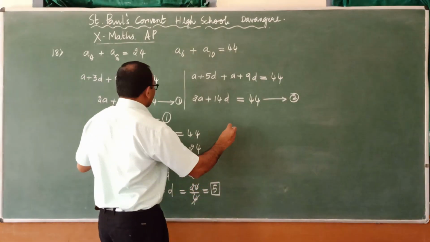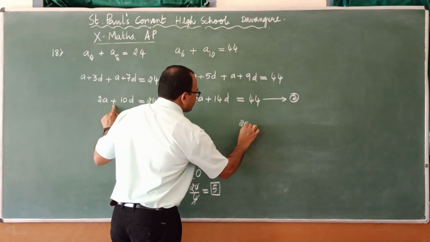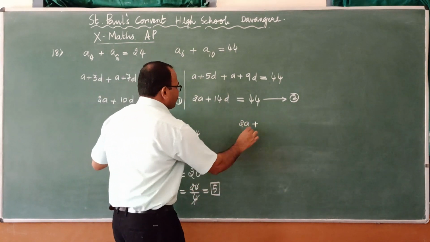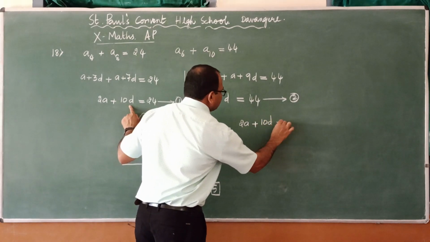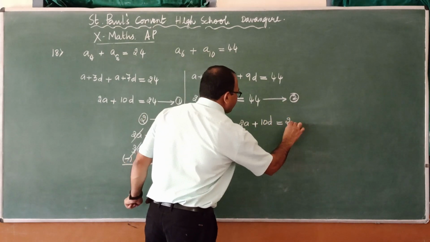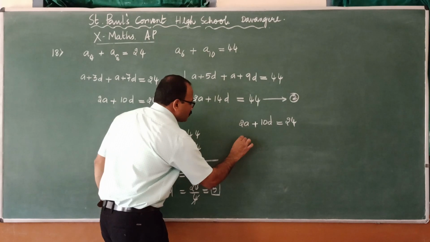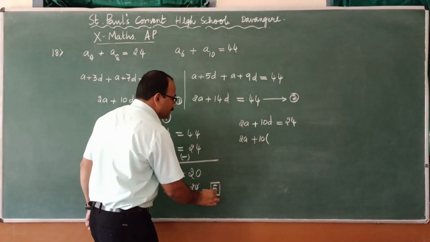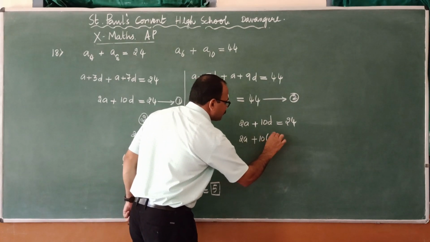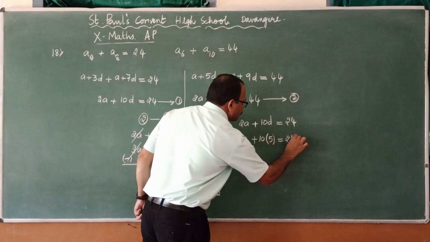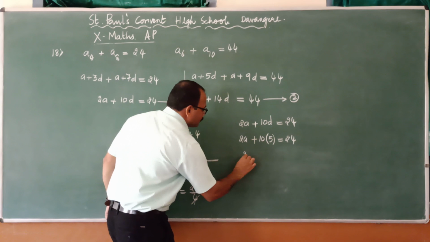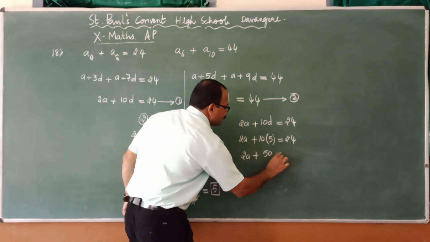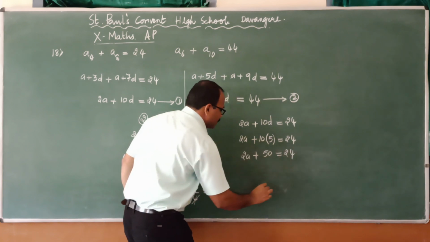Substituting in equation 1: 2a plus 10d is equal to 24. 2a plus 10 into d, d is 5, equal to 24. 2a plus 10 fives are 50 is equal to 24.